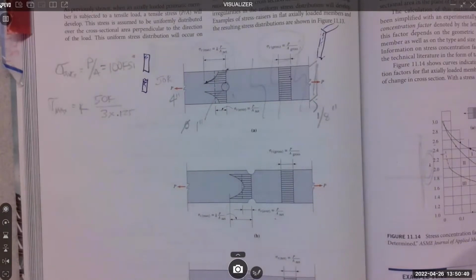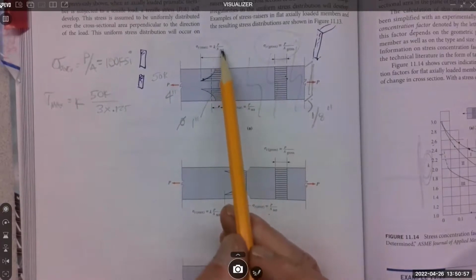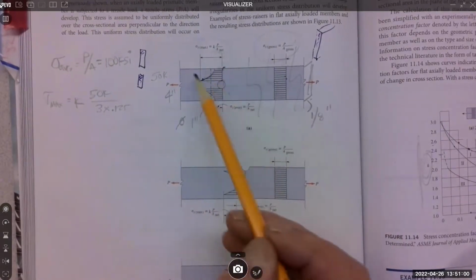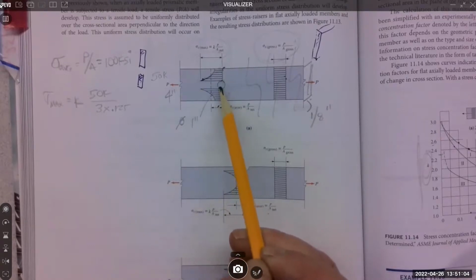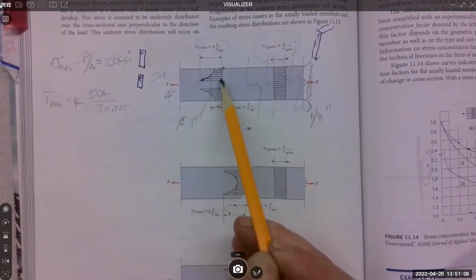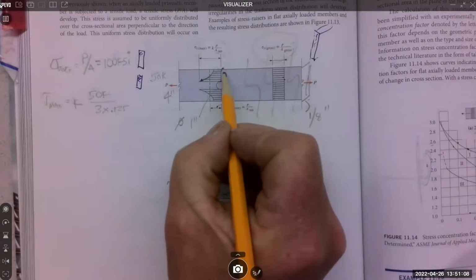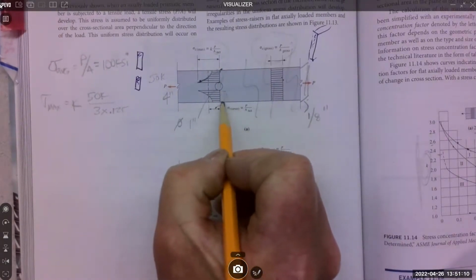Good question. Remember, this is area net. So this was 4 inches, but then I took how much out? 1 inch. So now this is the area from here to here.